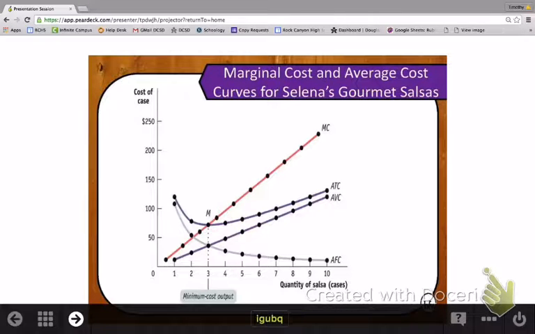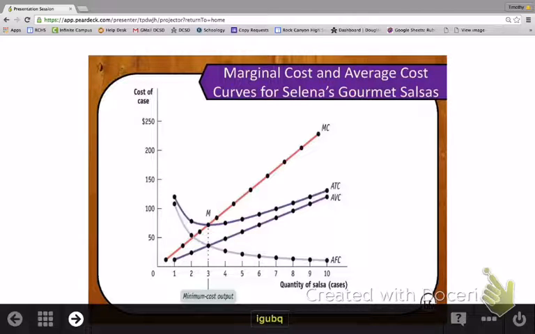This graph here shows the data from the slide before, where we graph Selena's gourmet salsas. We see her marginal cost curve is rising, intersecting the average total cost curve at its minimum, because when marginal cost is below average total cost and average variable cost, it's pulling those cost curves down.